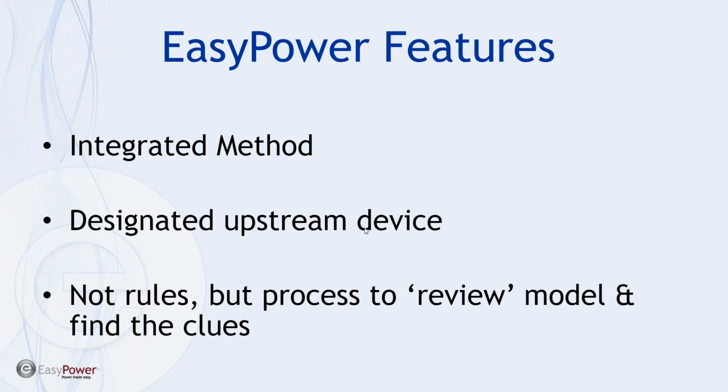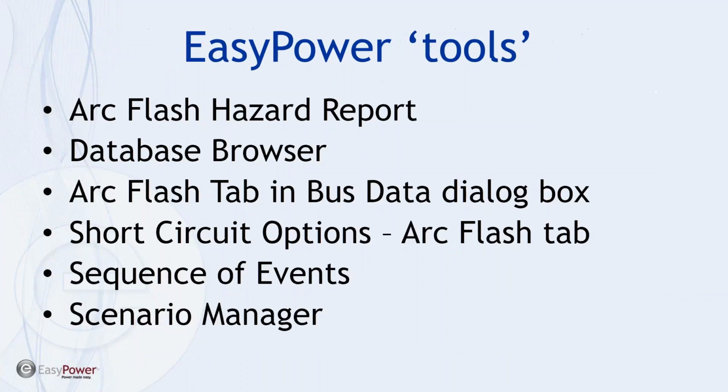Utilize designating upstream devices when the tool can't necessarily understand which direction the fault is coming from in terms of arcing faults. And I encourage you to use this as a method to anticipate what your results could be rather than just look at the first result coming out of the tools.